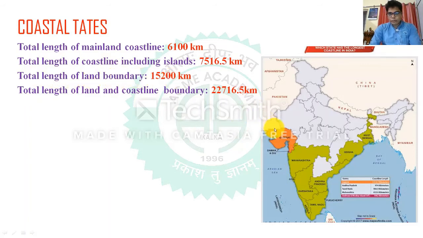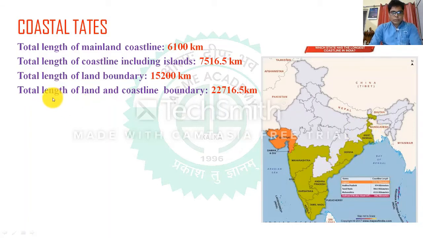The total length of the land boundary is here, and previously we discussed that this one is 6100 kilometers. This coastal area is bounded mainly by the Arabian Sea and the Bay of Bengal, and you can see the Indian Ocean. It covers 9 states: Gujarat, Maharashtra, Goa, Karnataka, Kerala, Tamil Nadu, Andhra Pradesh, Odisha and West Bengal.